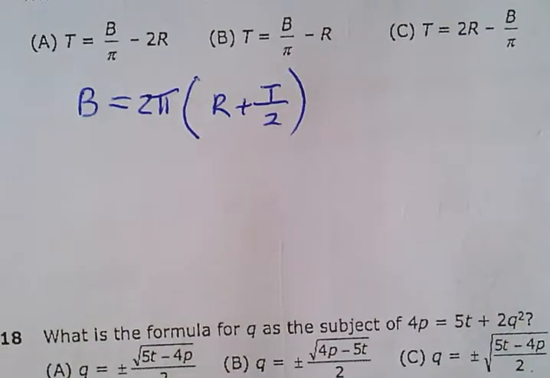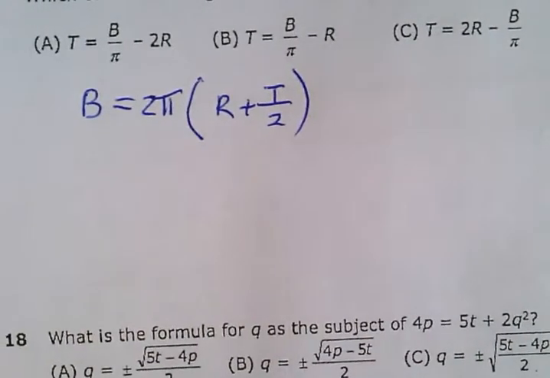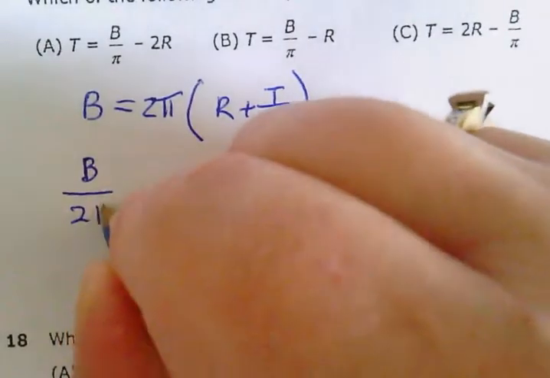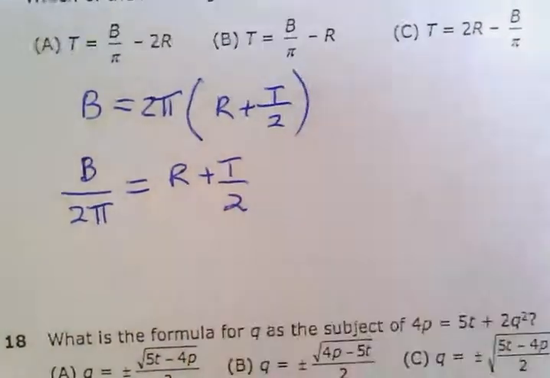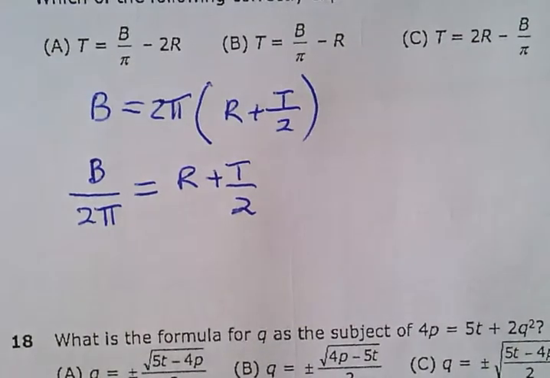All right, if we want, let's expand. I'm going to do it 2 ways. Let's divide by 2 pi. I think this is going to be a nightmare too. You should have just divided by pi.